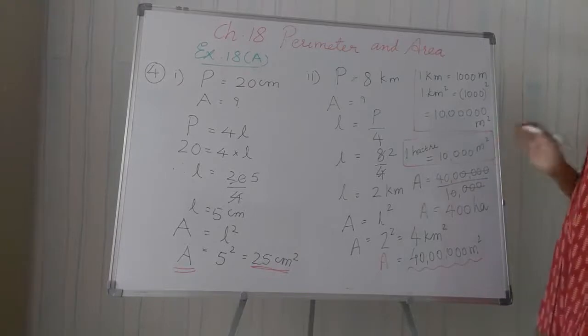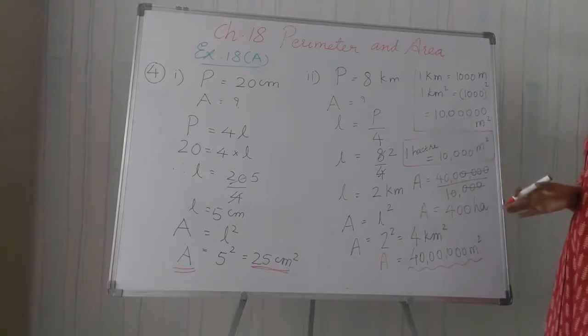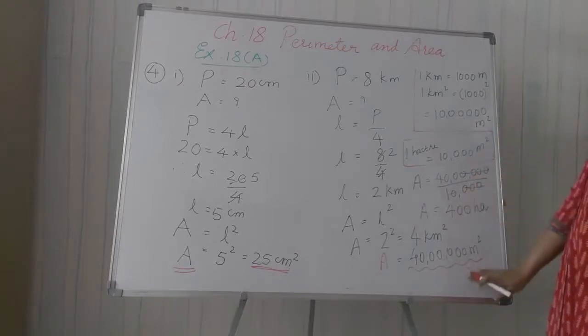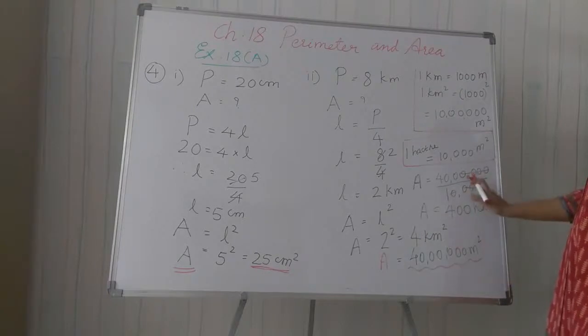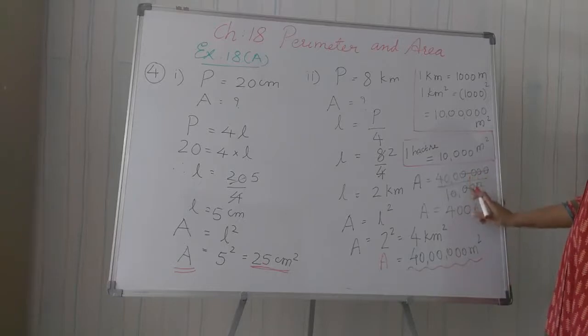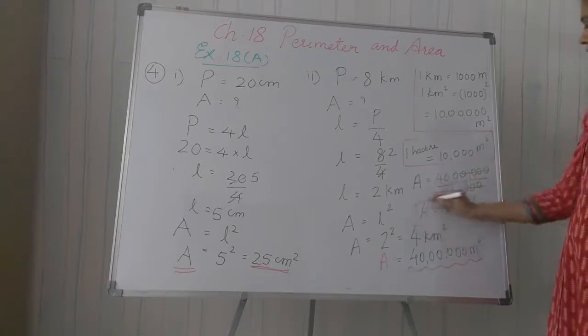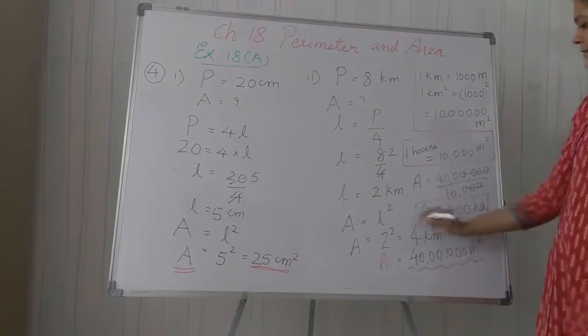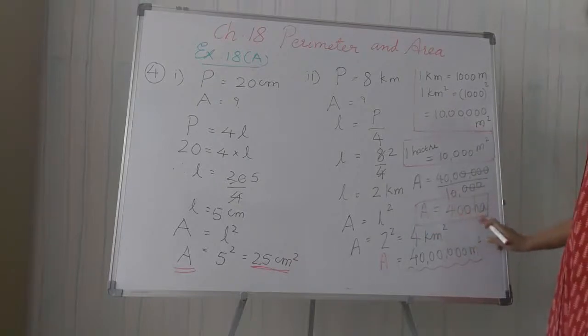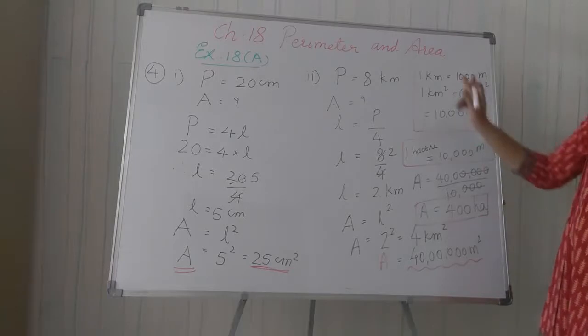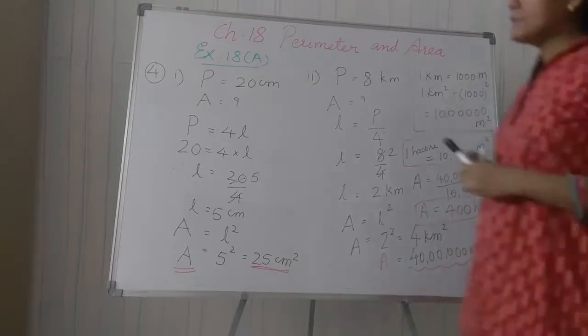And now in the question, you are asked to convert this area into hectare. For that, the meter square answer we found, we are dividing it by 10,000, so that we get our final answer as area is equal to 400 hectare for our question 4 second part.